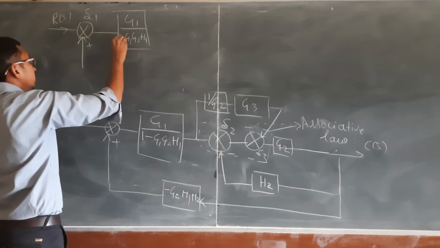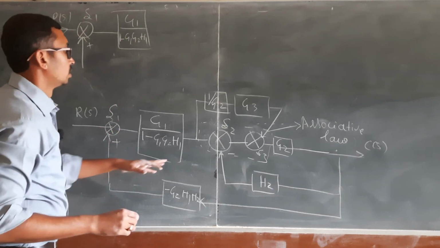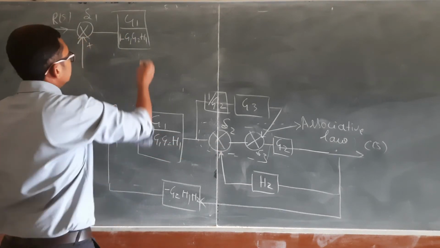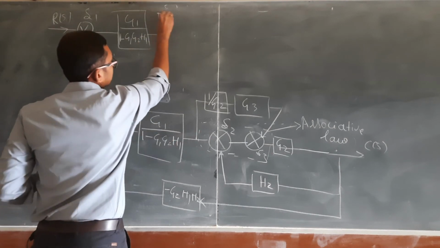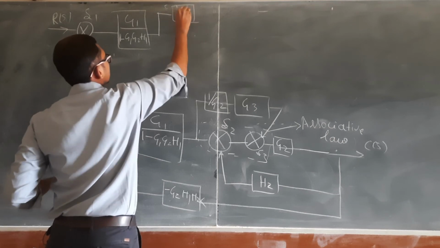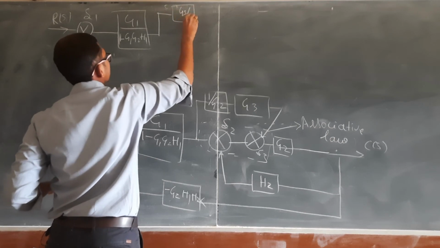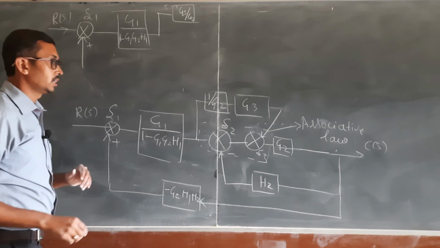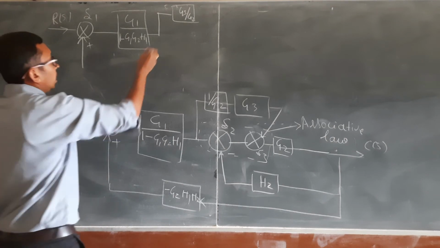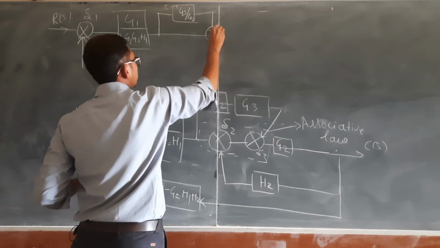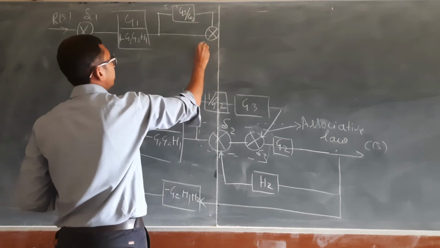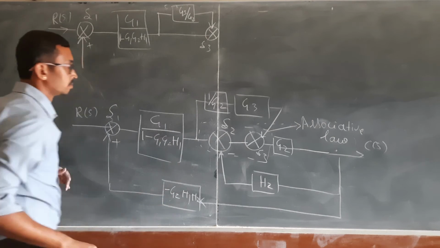So this is the first block. Next, here I am shifting this one, so this can be written as G3 by G2, and I have summing point number 3 after interchanging.